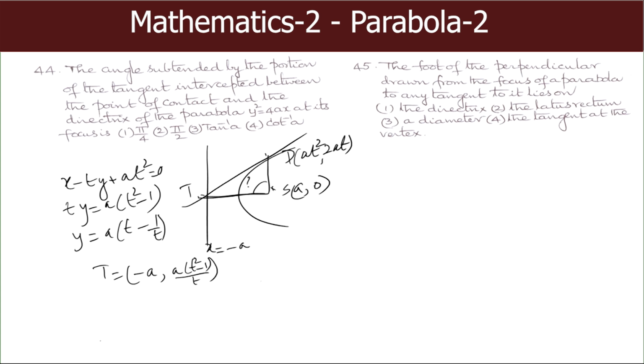So this is T. S is (a, 0). So what is this angle? So let us find the slopes. Slope of SP, that is 2/t.